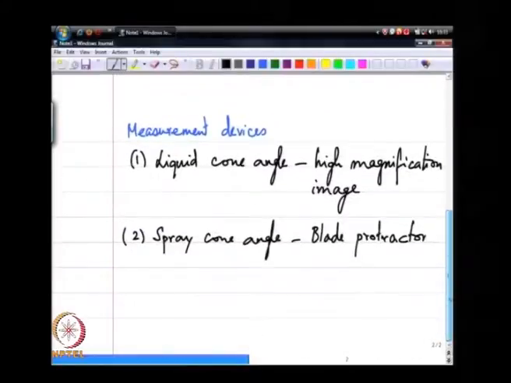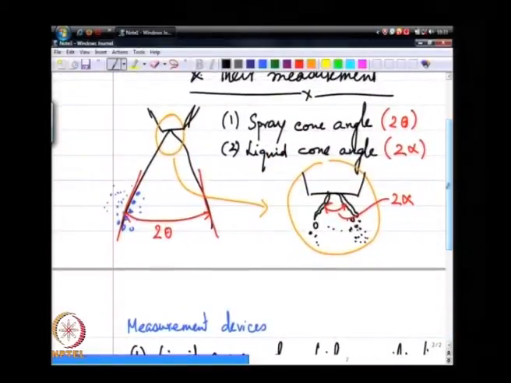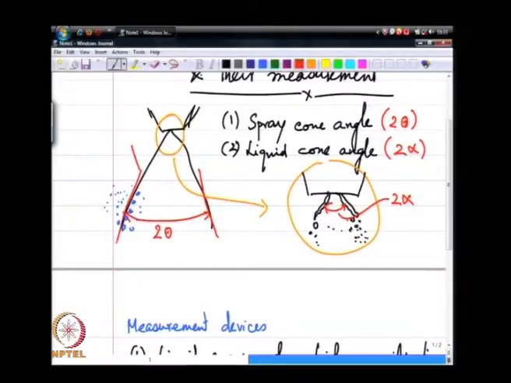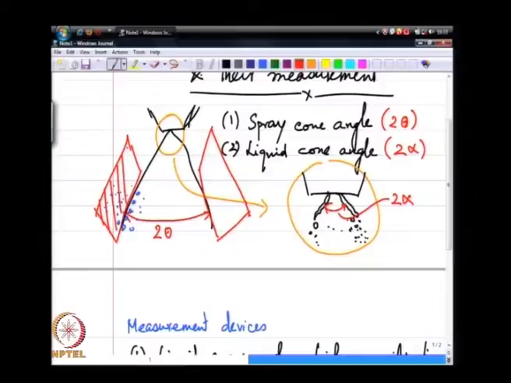Essentially, imagine a device that has two metal blades that are allowed to swing back and forth, and an operator brings these in to touch the so called edge of the spray.